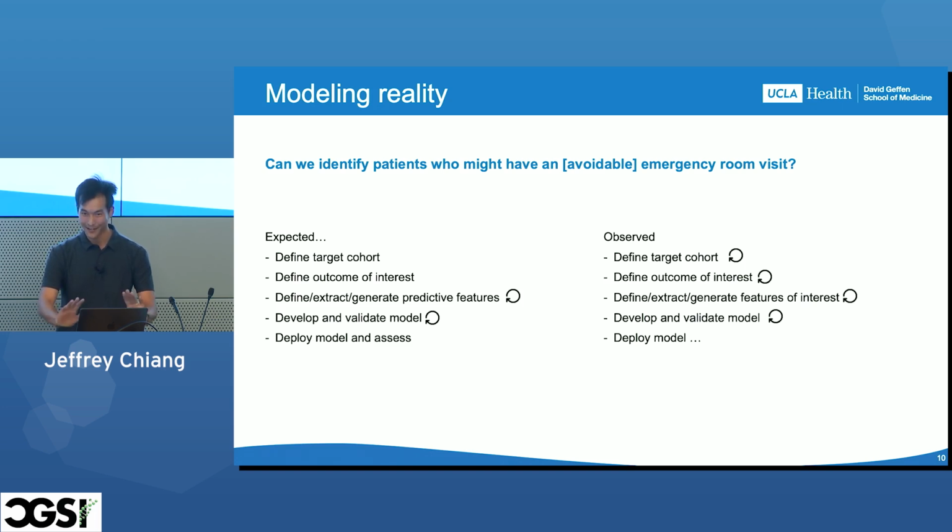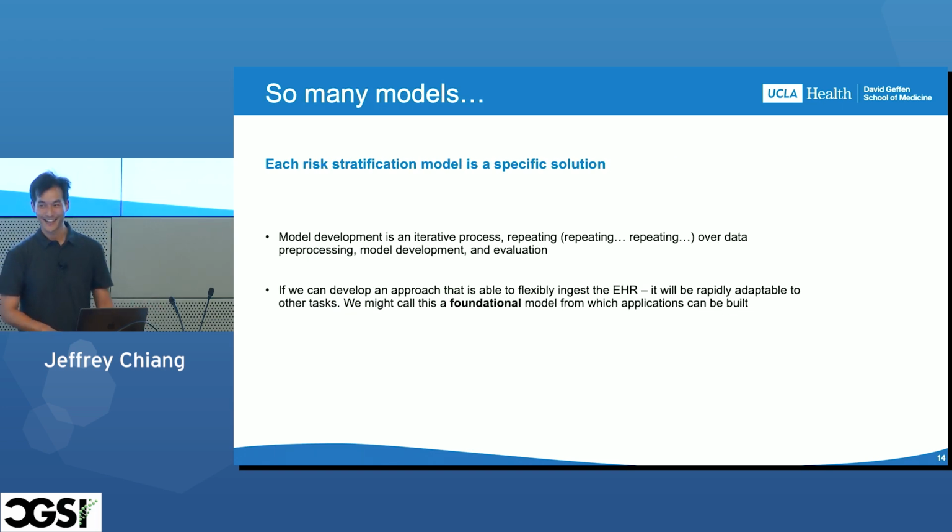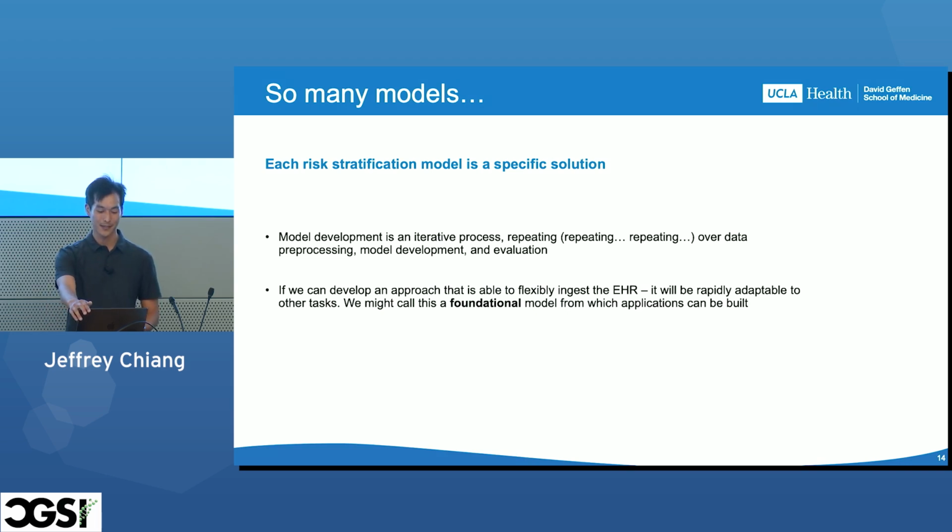So with that, I'll end my rant and just say that each one of these risk stratification models is a specific solution, and this process requires iterating, repeating over data preprocessing and all of the steps that I mentioned before. Now, defining the cohort and the problem at hand is out of our hands.